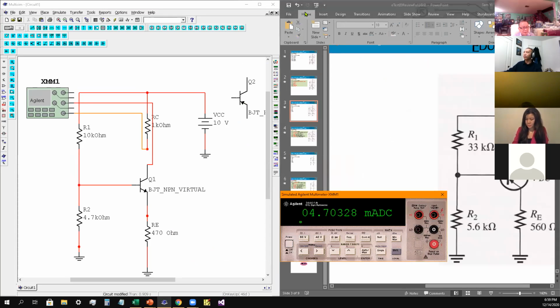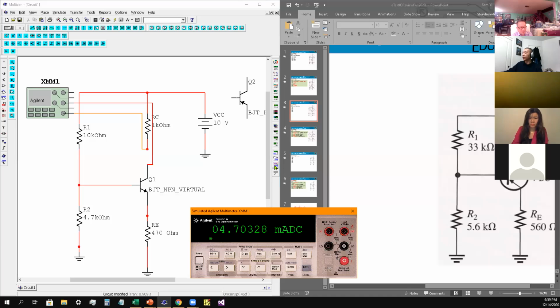Yes. Okay, so basically, this is a real lab. That means if you know how to use the meter, that's a real meter, exactly the meter in the lab. Also, we'll be using the oscilloscope and the generator. That will be the real thing.